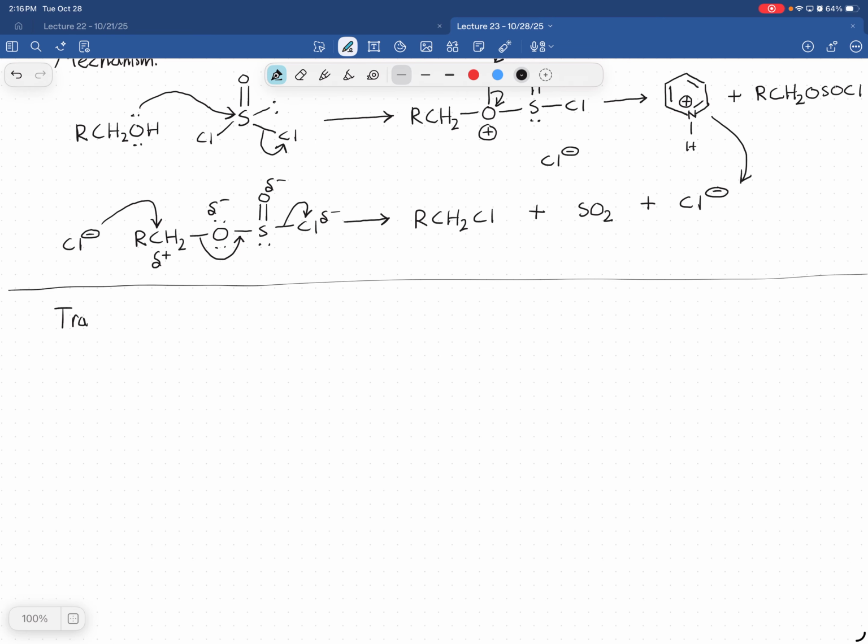So, transformation of secondary alcohols to haloalkanes without rearrangement.